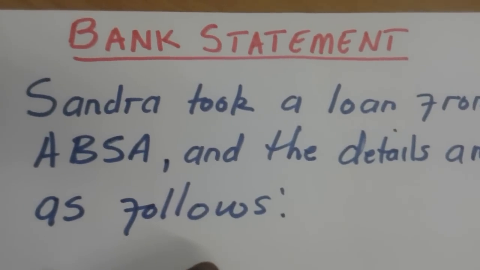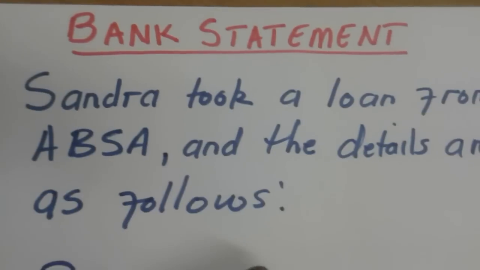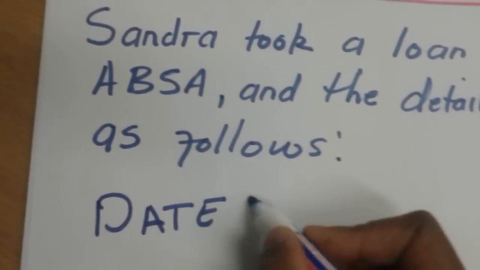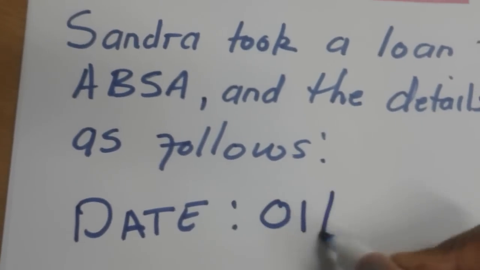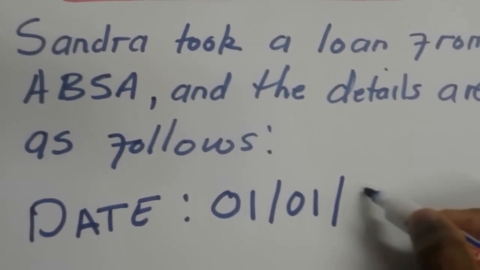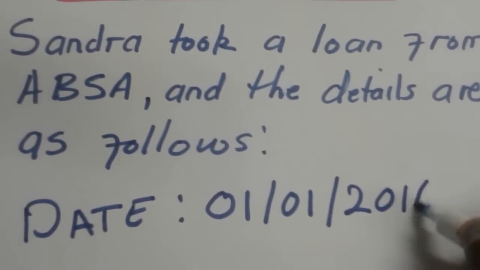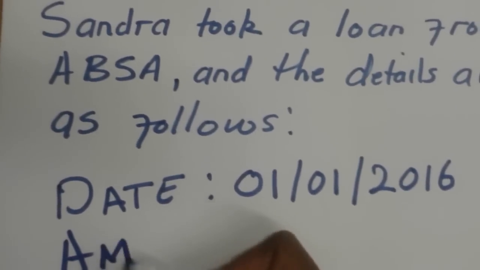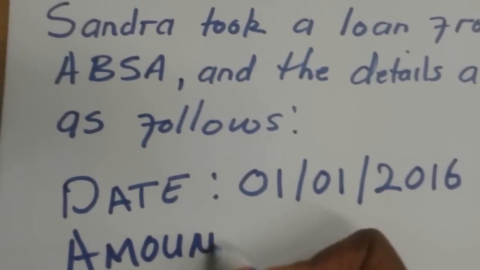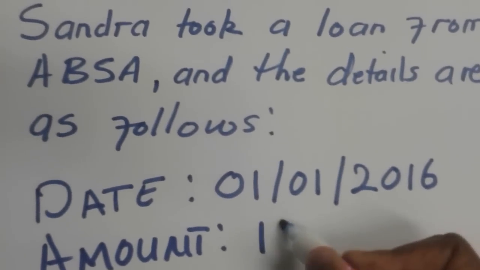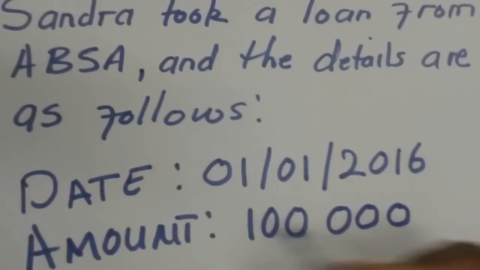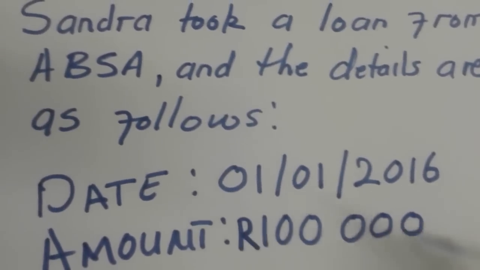Okay, so we have got debt, right? And the date is the 1st of January 2016. We have got the amount that Sandra took, and the amount is 100,000, the rand sign there.